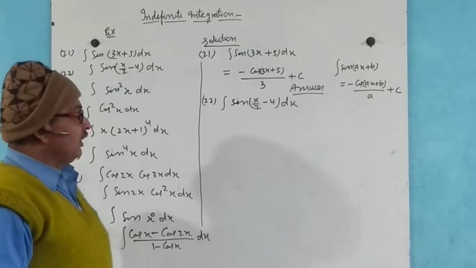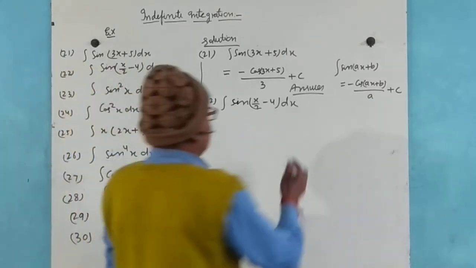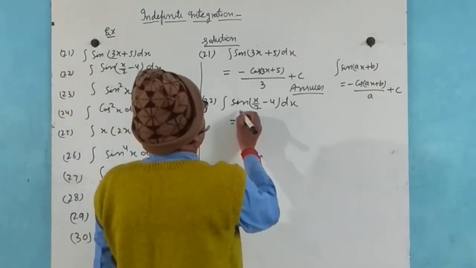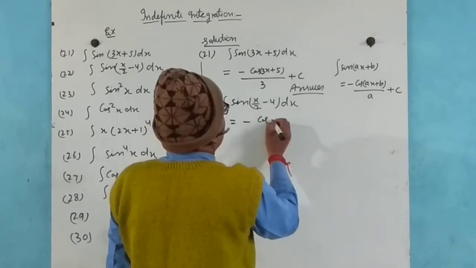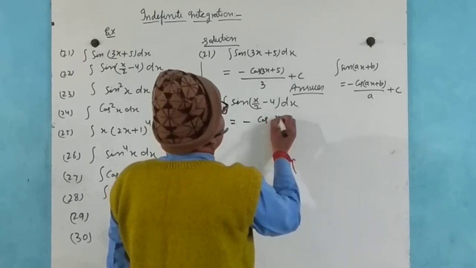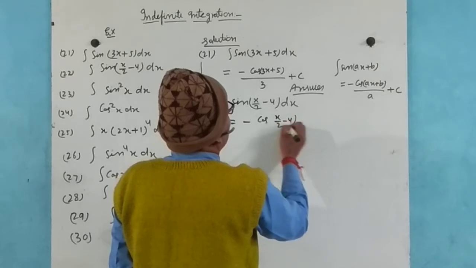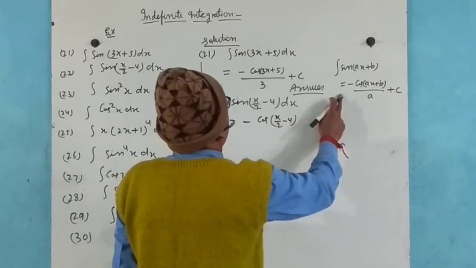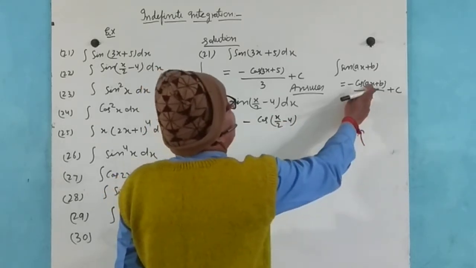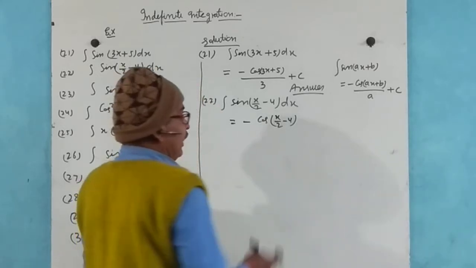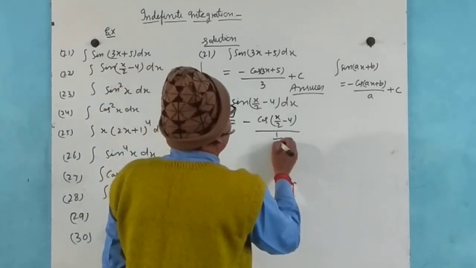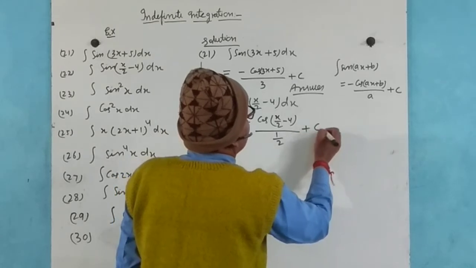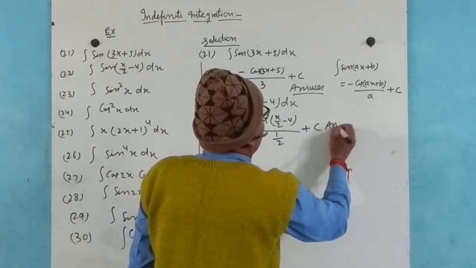In the similar sense, this equals minus cos(x by 2 minus 4) divided by a, where a is the coefficient of x, which is half, 1 by 2, plus c. This is the answer.